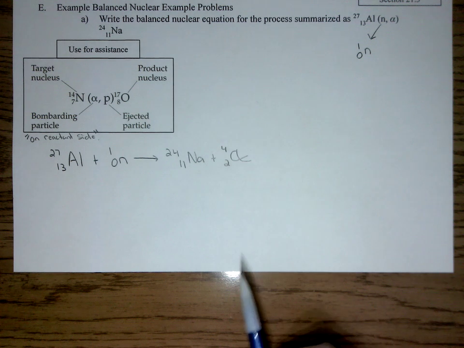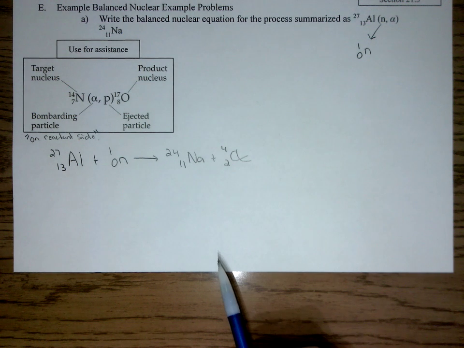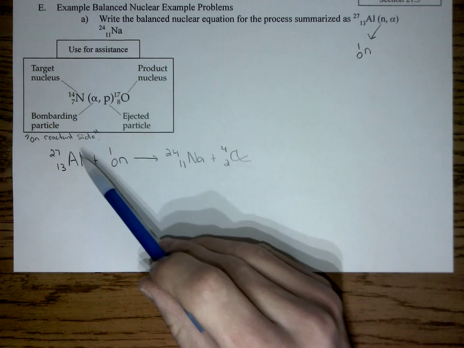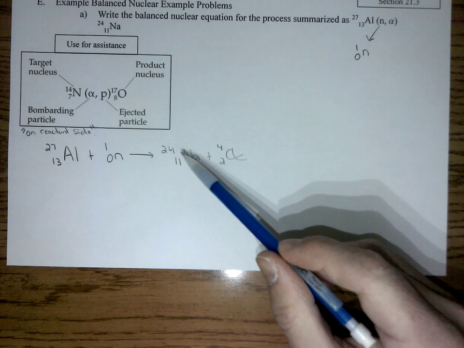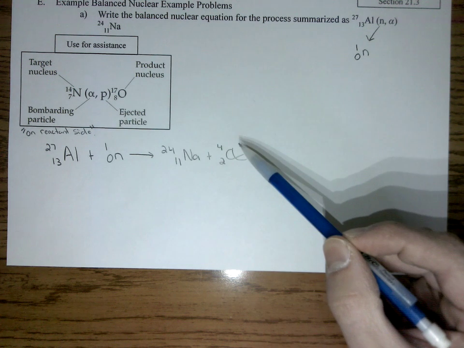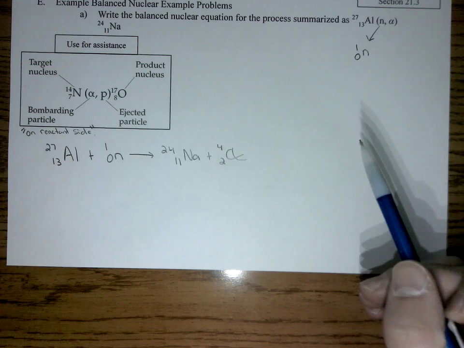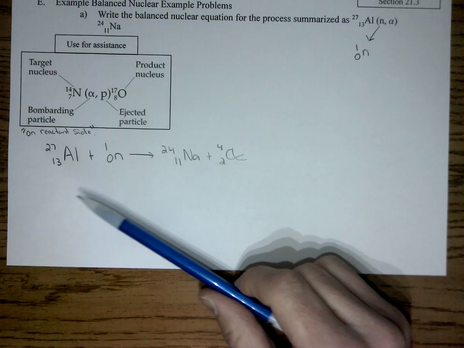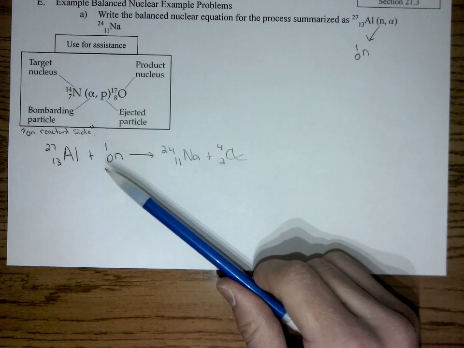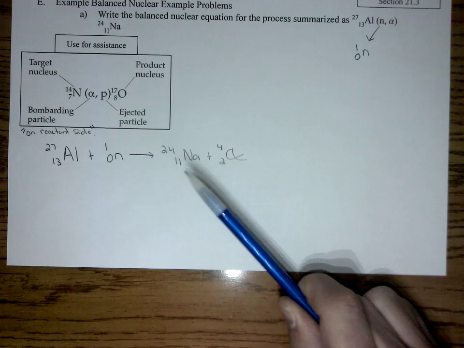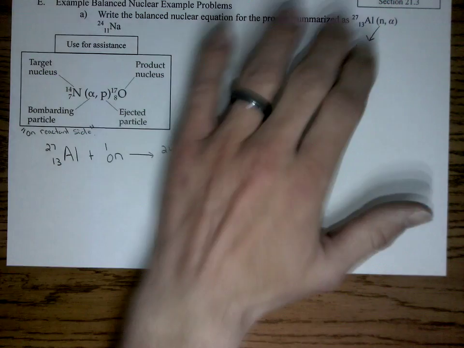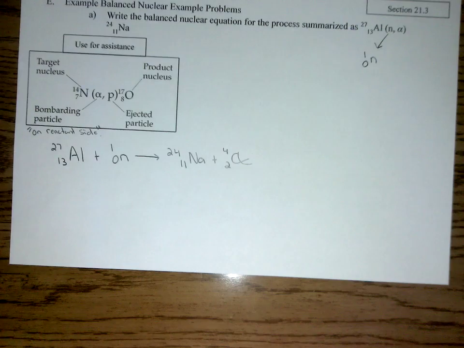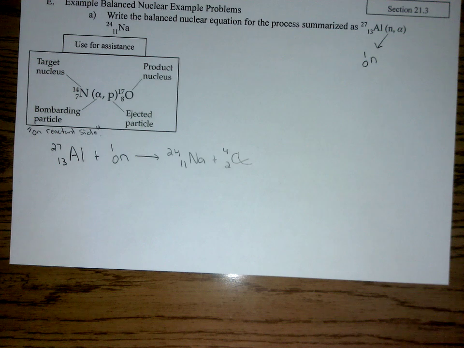We can always double check to make sure that this balances out. The atomic mass on our left-hand side is 27 plus 1, which is 28. On our right-hand side, the atomic mass is 24 plus 4, 28. Hey, our mass checks out. Now, our number of protons is 13 plus 0 on our left-hand side, so 13, and 11 plus 2, which is 13. So by writing the correct particles, we have correctly written a nuclear transmutation.